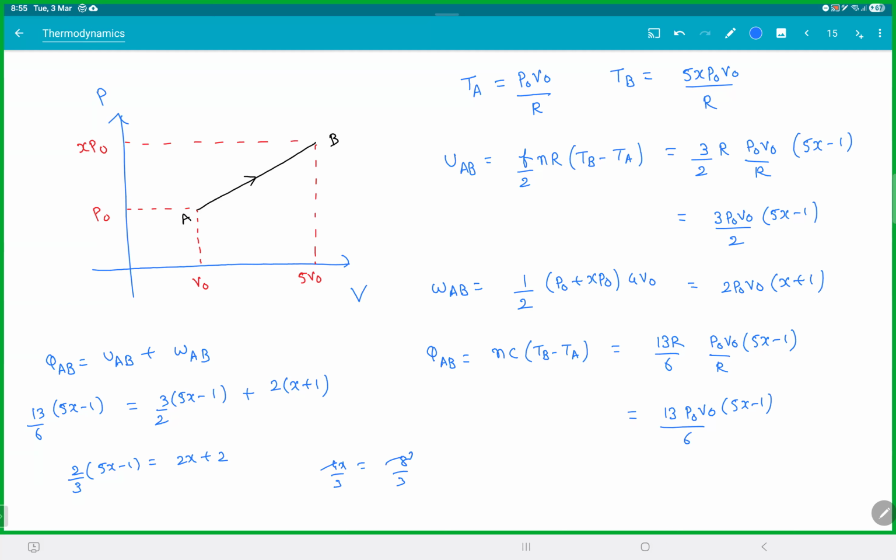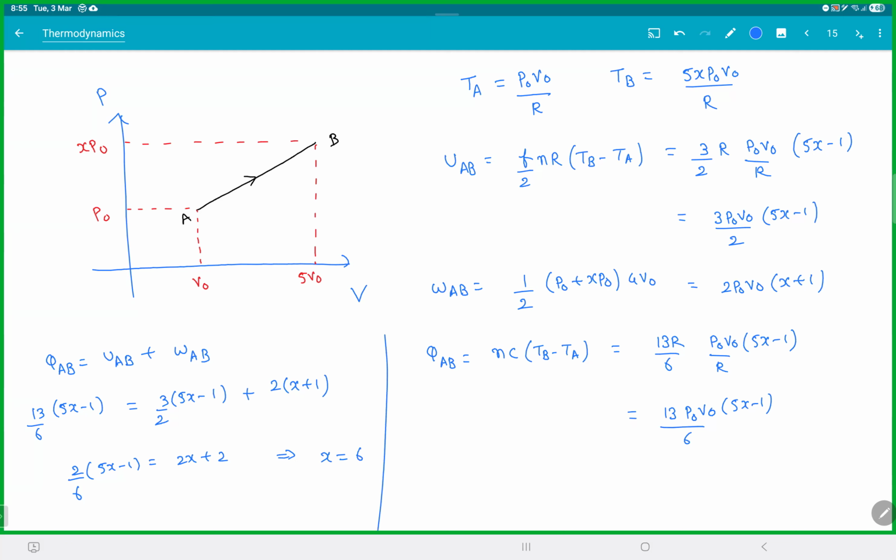So that looks like x is equal to 2. Or I messed up the calculation somewhere. 13 by 6, 3x by 2. So how much was that? There is a 6 in the denominator.